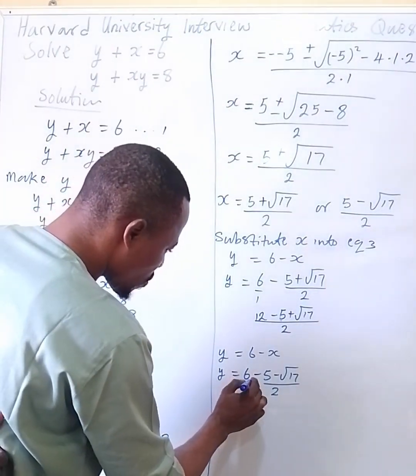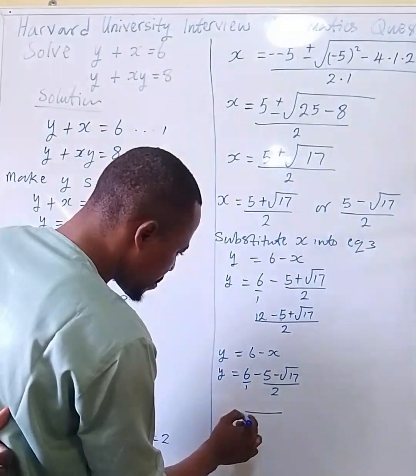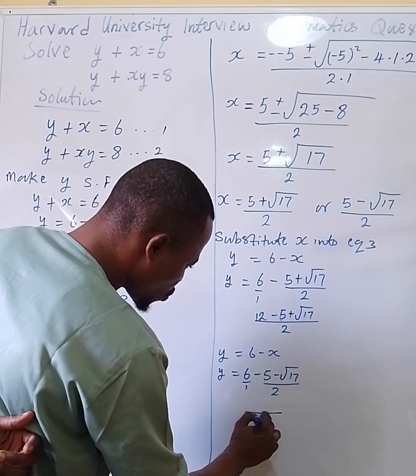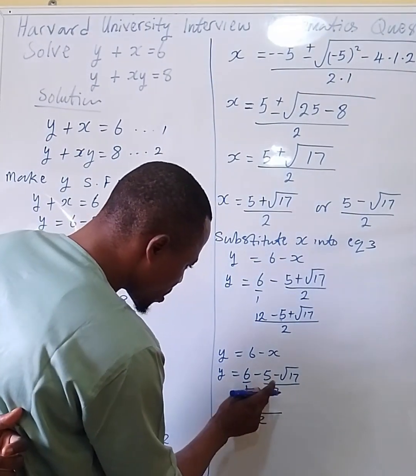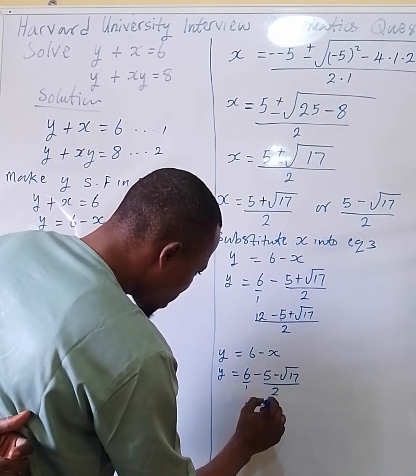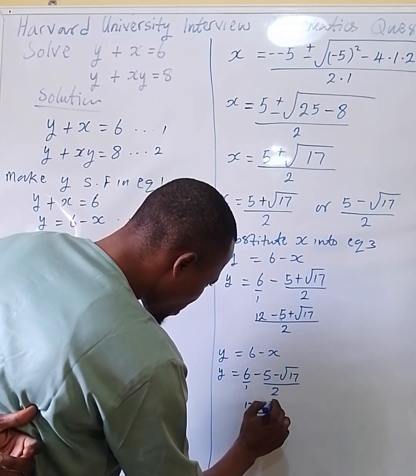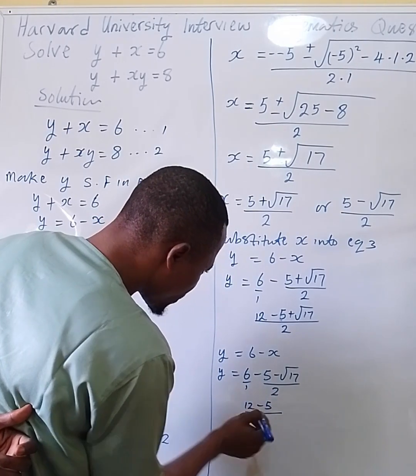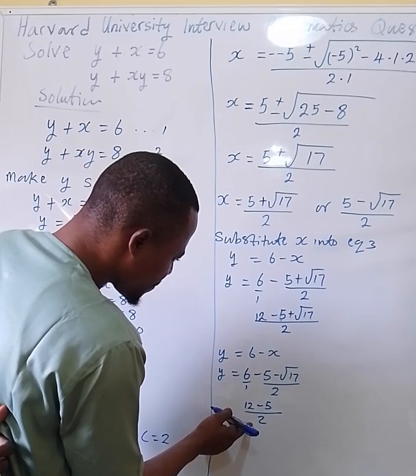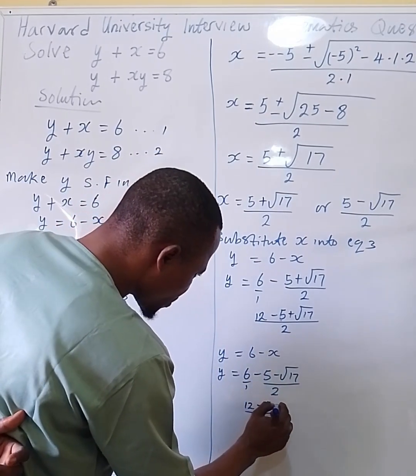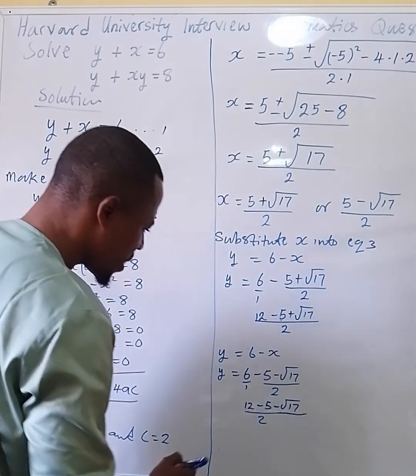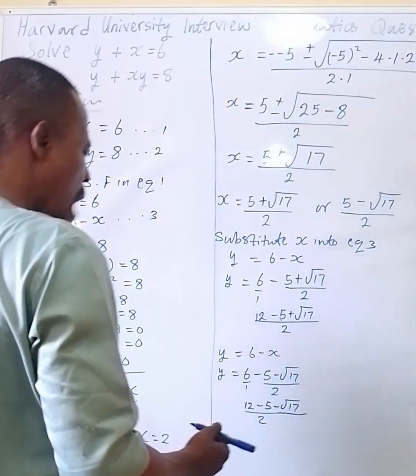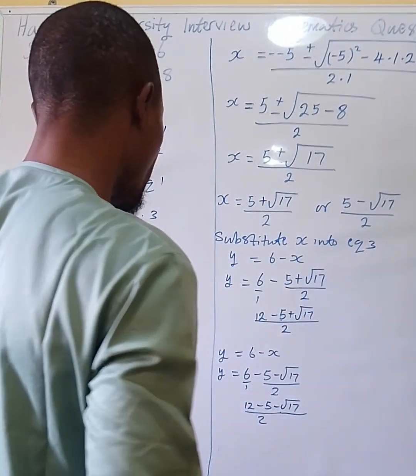So this 6 is as good as over 1. We find the LCM, which is 2. 1 into 2, 2 times 6, 12. Minus 1 into 2, 1, 1 times minus 5, minus 5, then times minus root 17, root 17. So that's the value of our y for the second value of x.